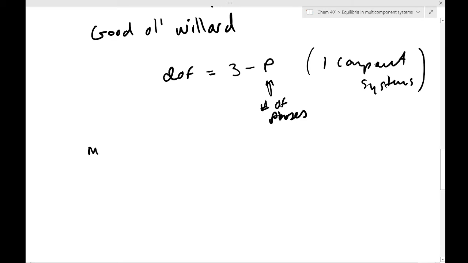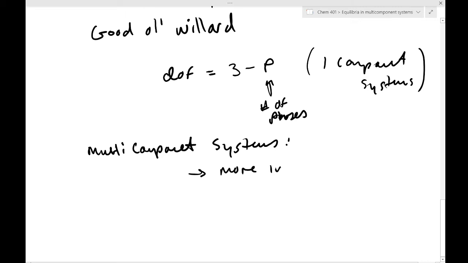So for multi-component systems, which is what we're interested in defining now, more information is obviously necessary. We can't figure out the number of degrees of freedom by simply using this equation up here. We have to come up with a different relationship.